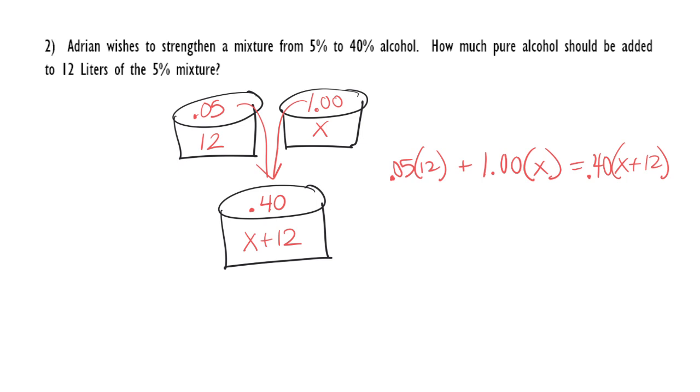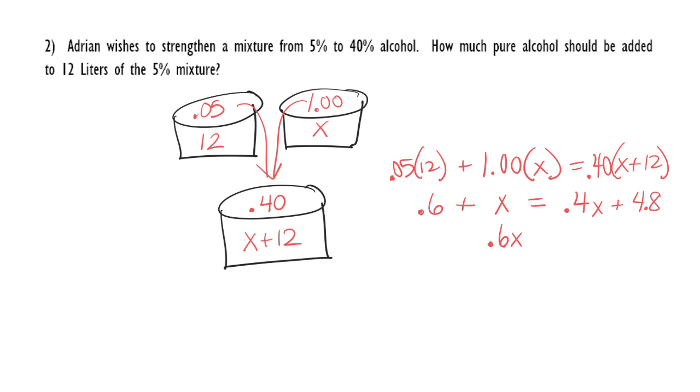Okay, 0.05 times 12 is going to end up being, what is that? 0.6 plus 1x, or an x, equals, and then I'm going to distribute. So 0.4, I'm going to get rid of the extra 0 here as I go, x plus 4.8. All right, x is on one side, so I'm going to subtract the 0.4x over and end up with a 0.6x.